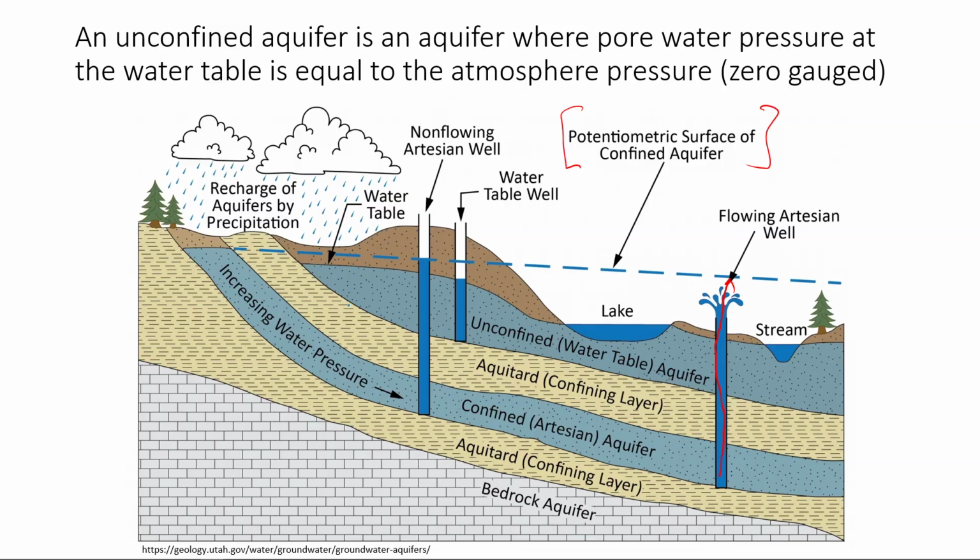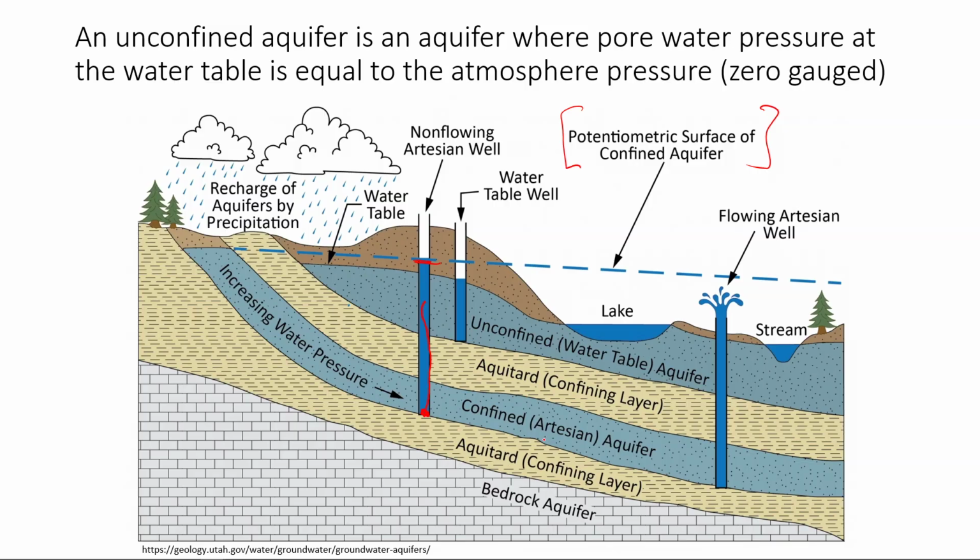The potentiometric surface is not a water table, but it is the energy or the pressure that you have at a point. So if I make a hole here and puncture this aquifer, water will rise up till here.